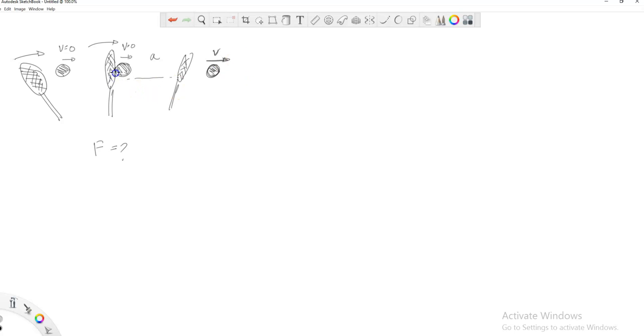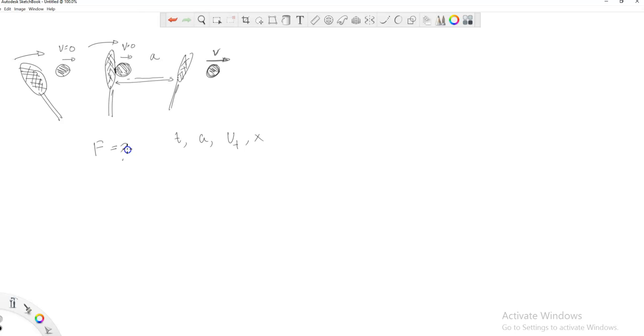If you find the contact time, if you can measure the time, if you can measure the acceleration, if you can measure v final, or if you can measure the distance it accelerates while it's in contact, these things, then we can find force. So using kinematic equations, we can also use momentum concepts to do the same thing. Okay, so let's see what data we have.